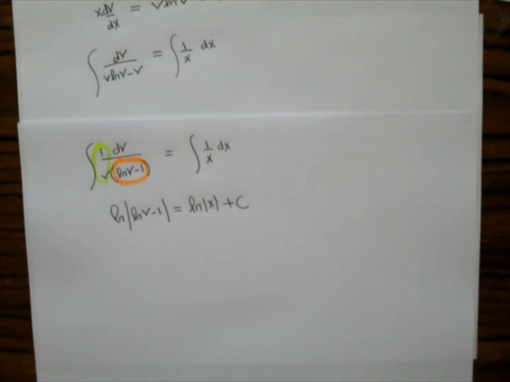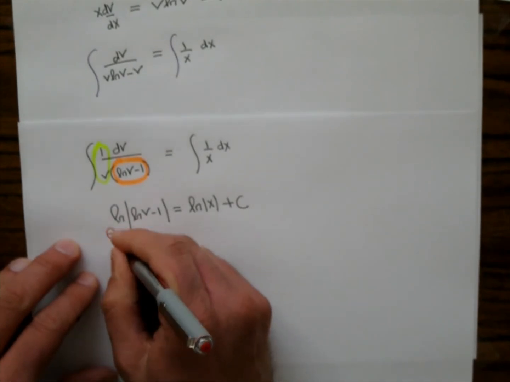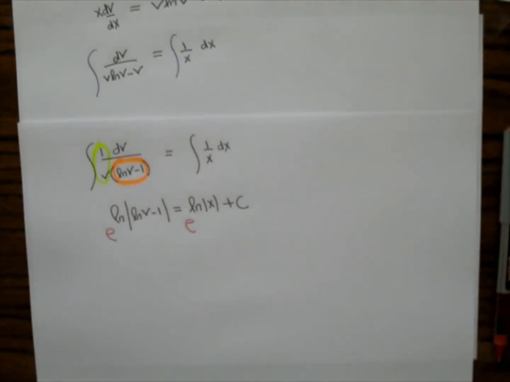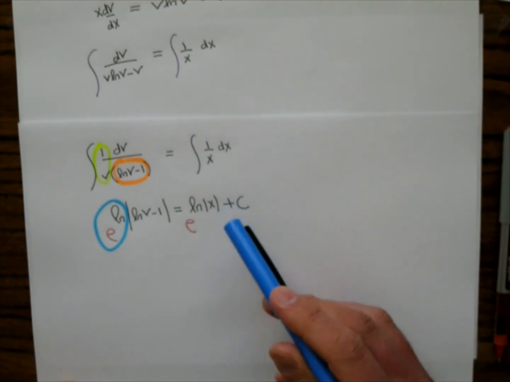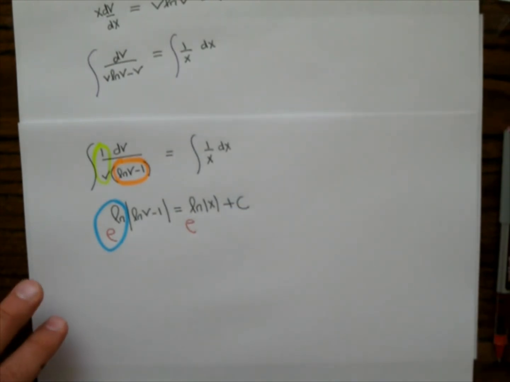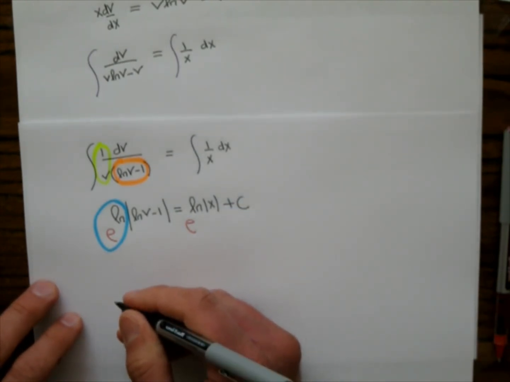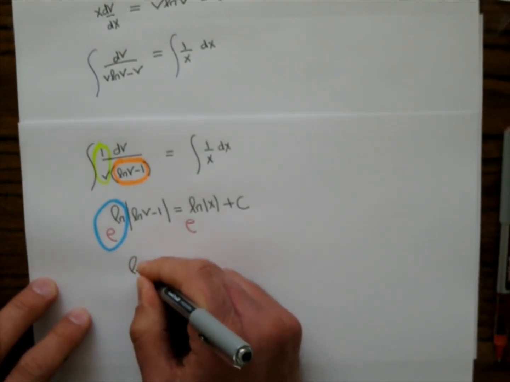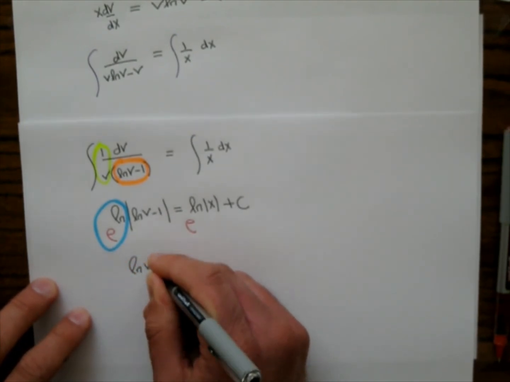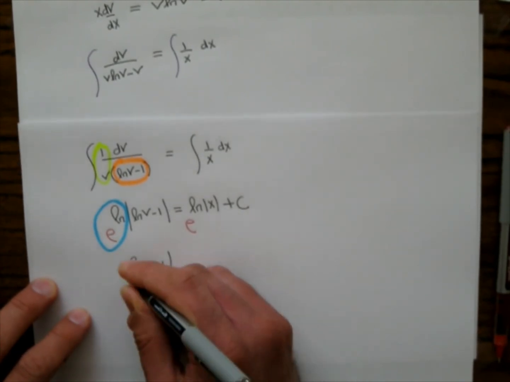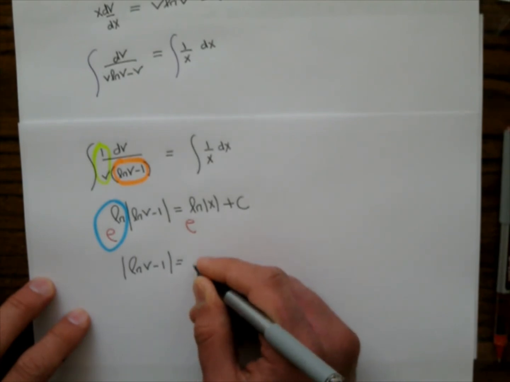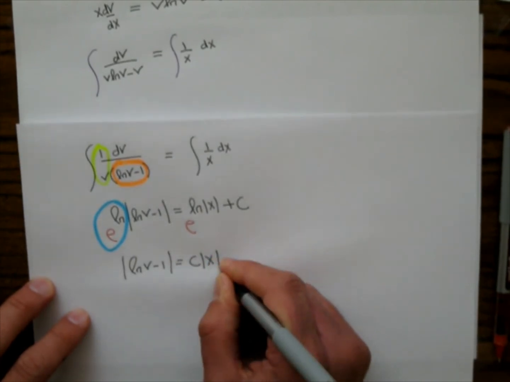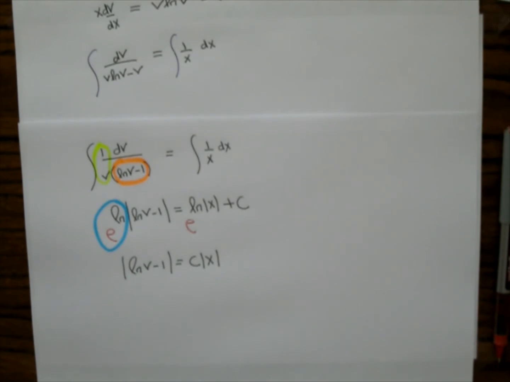Okay, I'm going to exponentiate on both sides. On the left-hand side, that's going to go pop. On the right-hand side, that's e to the ln x times e to the c. E to the c is c, and then that other thing is going to go pop. And so when everything is settled, I'm going to get ln v minus 1, the absolute value of that, is c times the absolute value of x.